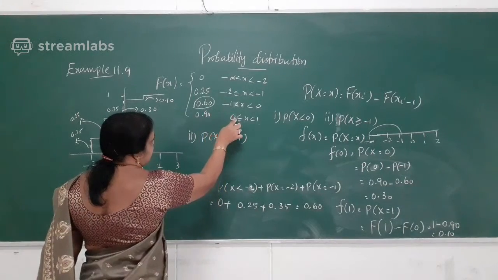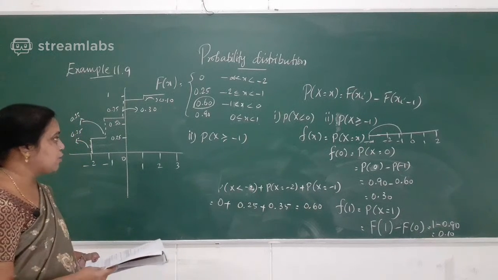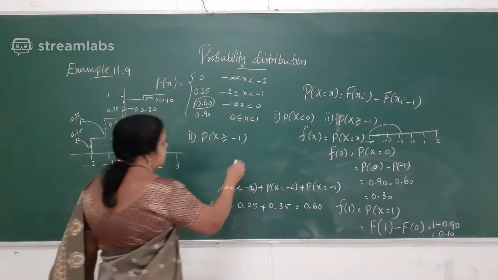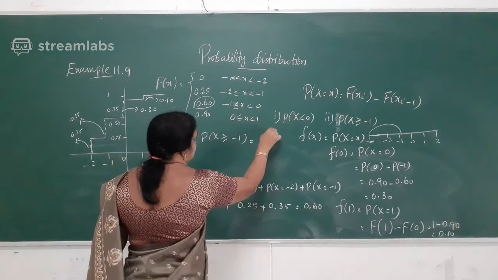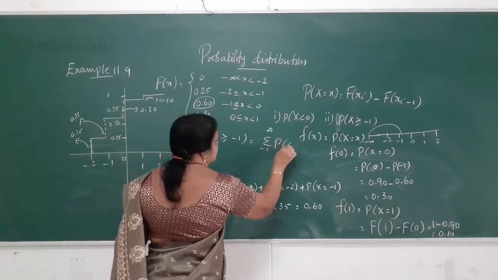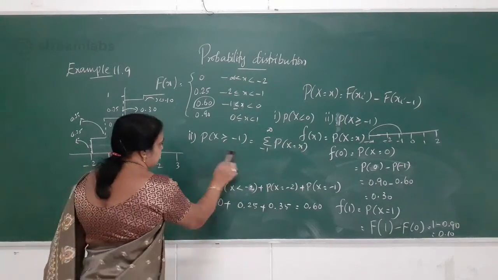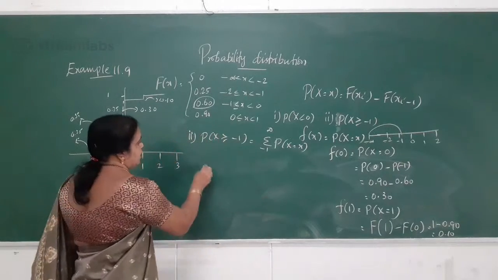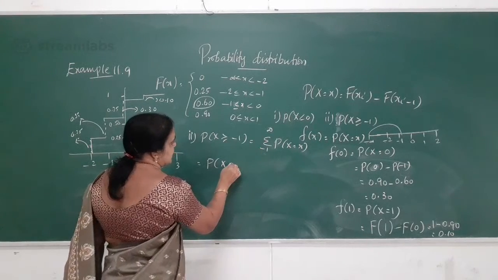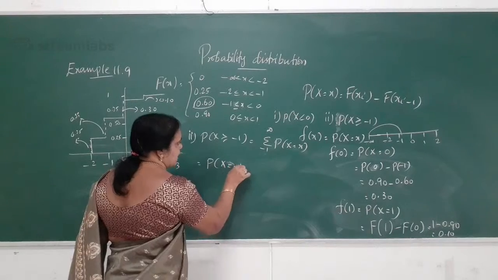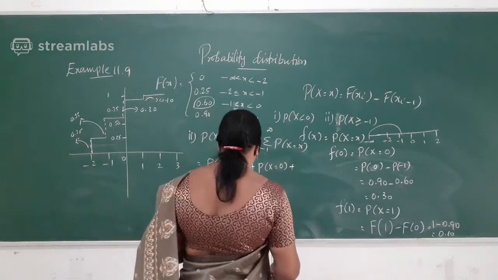It also includes minus 1, so that value will change a little. We find it from minus 1 to infinity. p of x greater than or equal to minus 1 means we add minus 1, plus 0, plus 1.